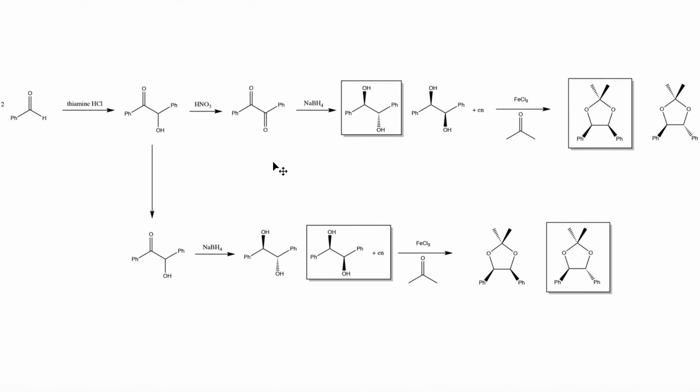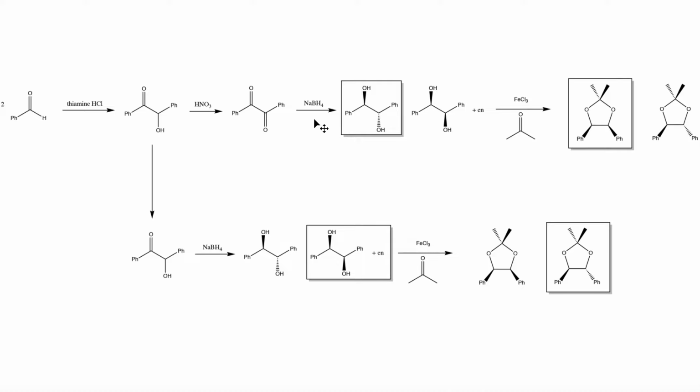So just to recap the entire reaction, we take benzaldehyde and we perform a thiamine hydrochloride catalyzed benzoin condensation. This forms benzoin. We oxidize benzoin with nitric acid to form benzil.